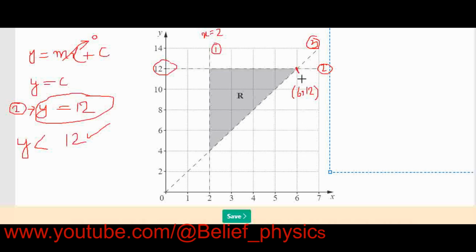Also the origin lies on this line, so the origin has coordinates (0, 0). So we find the equation of line number 3.